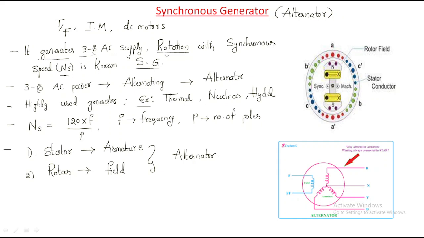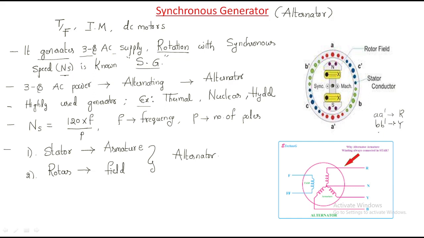This part is the armature and stator. The round parts are stator conductors. This A dash is the R phase, it generates the R phase, and B dash generates the Y phase.